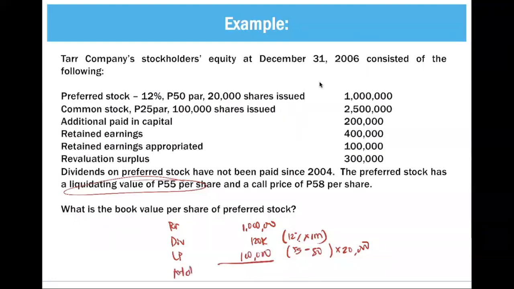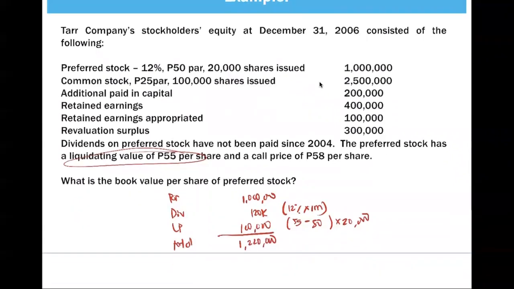So the total is 1,220,000 divided by 20,000 shares. We have 61 as the book value per preference share. Or if you want a shortcut, you can just get the liquidation value 55 times 20,000 shares plus the dividend 120,000 divided by 20,000 shares, you will still get 61.